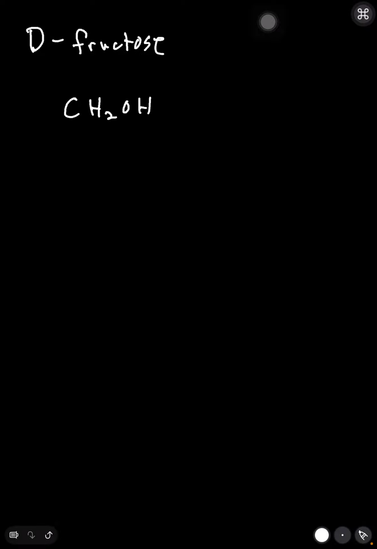All right, let me show you another example. This time, instead of glucose, I'm going to use D-fructose, because this one is going to be a ketose. It's similar, but slightly different.